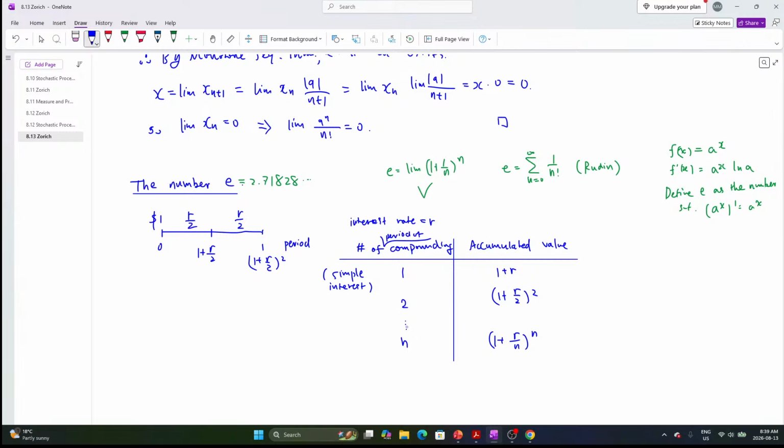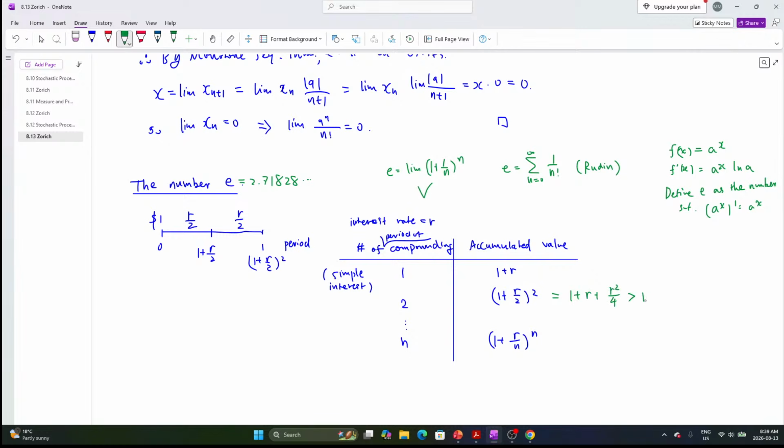And let's see what happens if you increase the number of periods. For example, for n equals 2, let's expand the expression and see how that compares to simple interest. The idea is, because in the middle you increase the principal, the interest should also increase by a little bit. Let's see whether that's true. Expanding this, you get 1 plus R plus R squared over 4.